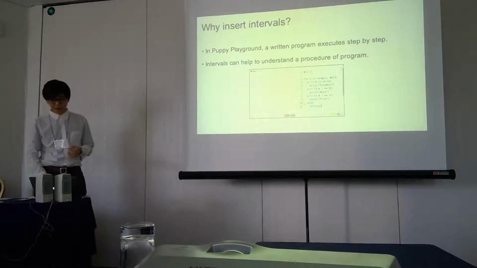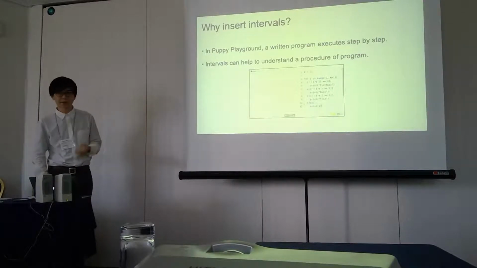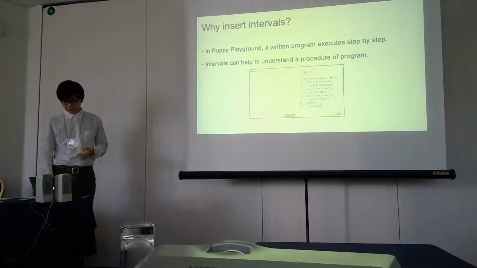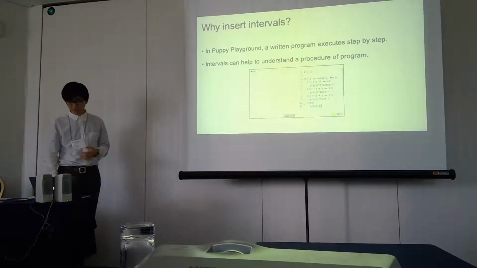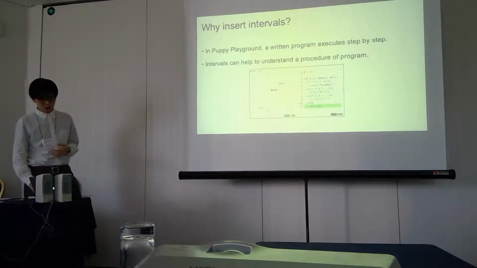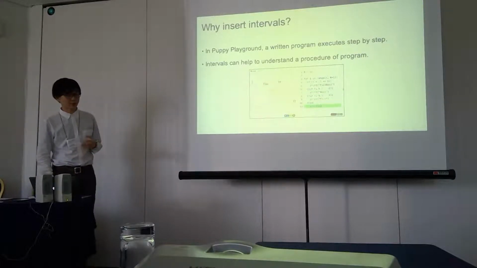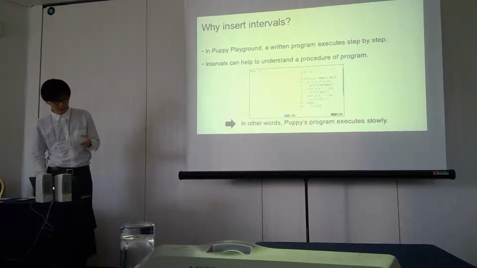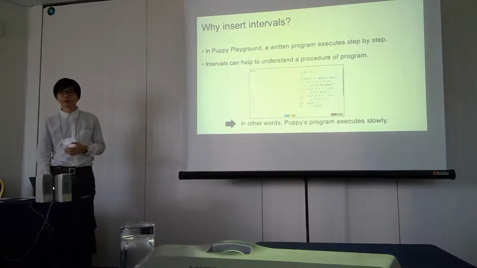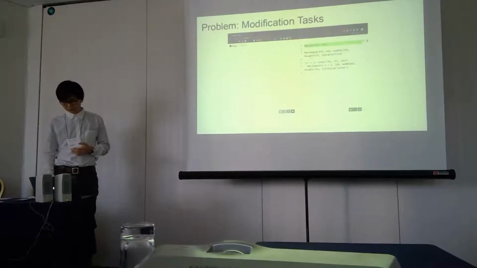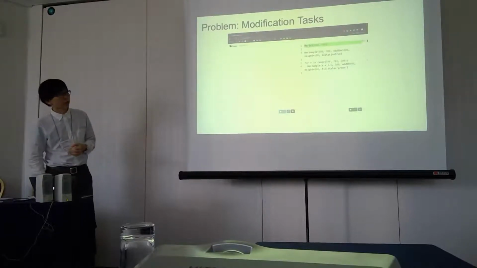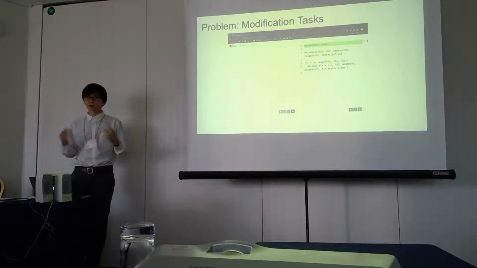In Puppy Playground, the program executes step by step. We think intervals can help to understand the procedure of a program. This movie shows the procedure of the program by code highlighting. But in other words, a Puppy program executes slowly, so modification tasks consume a lot of time.